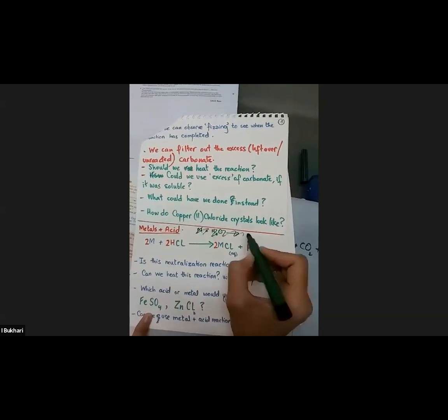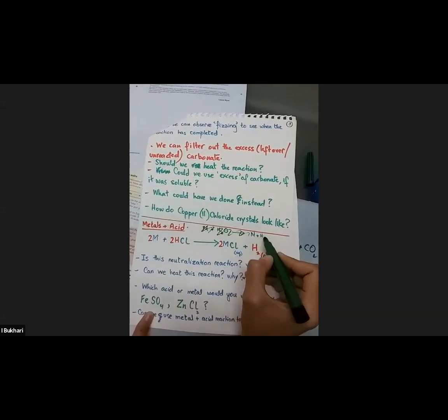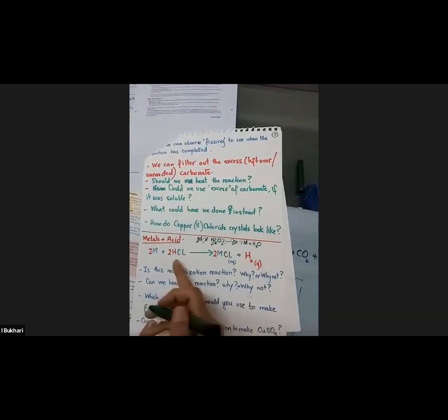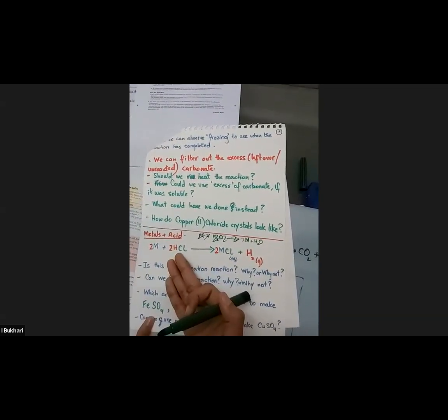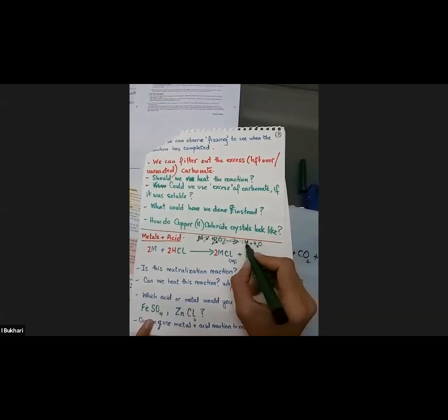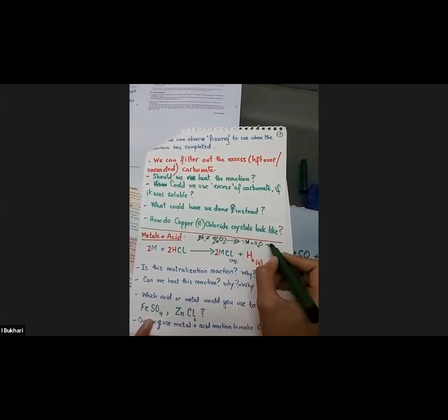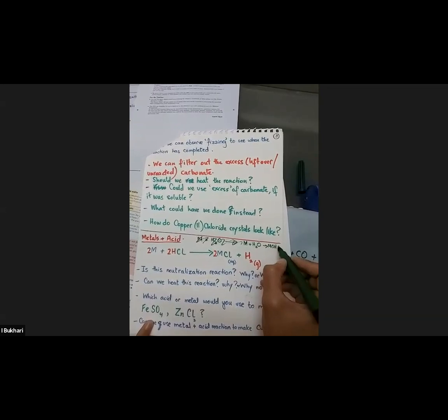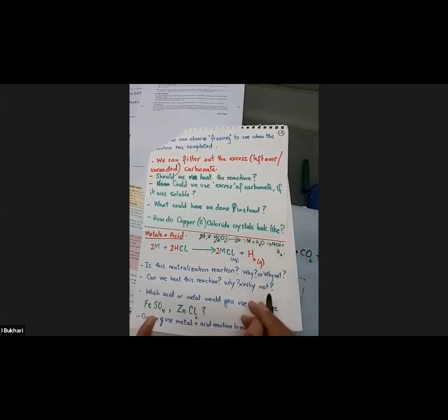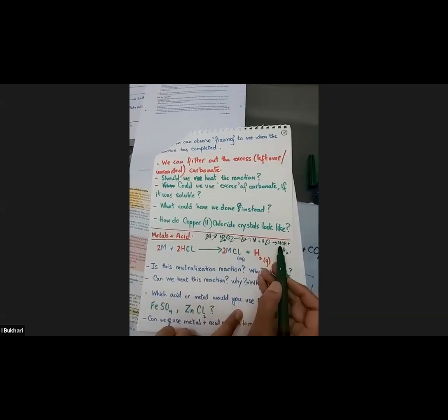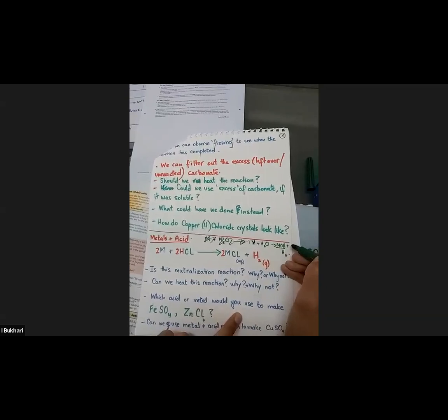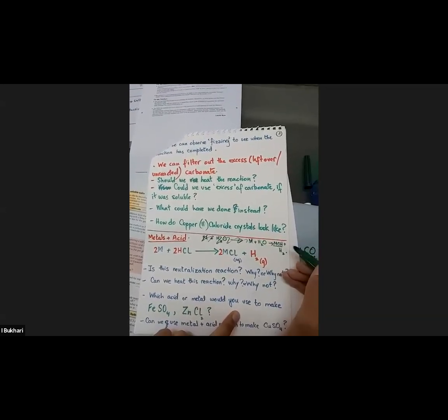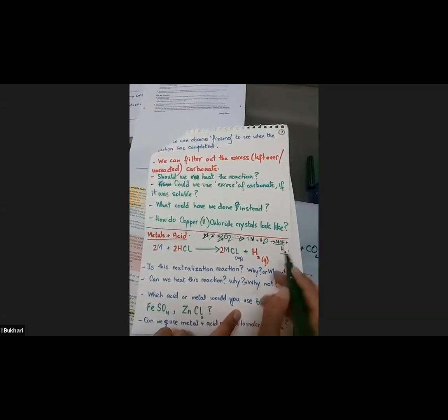Okay, metals react with water in the same way as they react with acids, right? Now what happens? Metals react with water to form metal hydroxide, an alkali, and hydrogen gas. Do you remember? Like sodium hydroxide or potassium hydroxide, and they also release hydrogen gas.